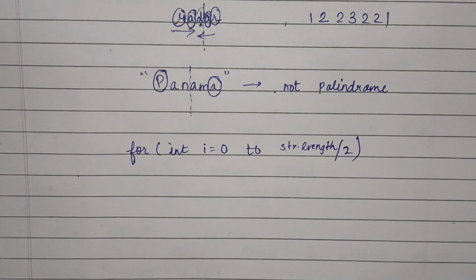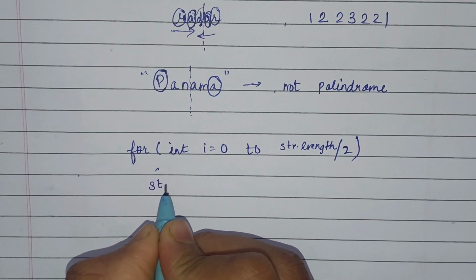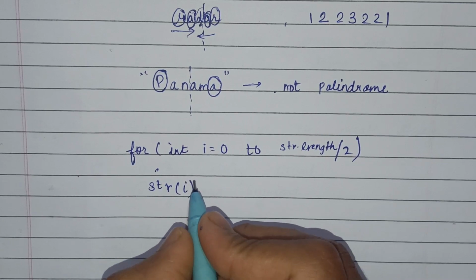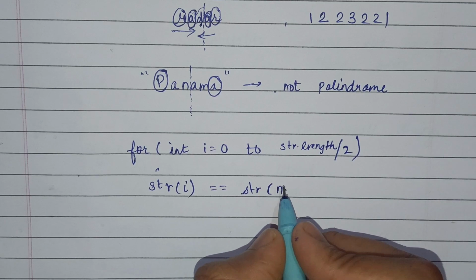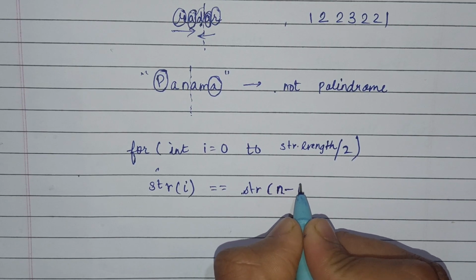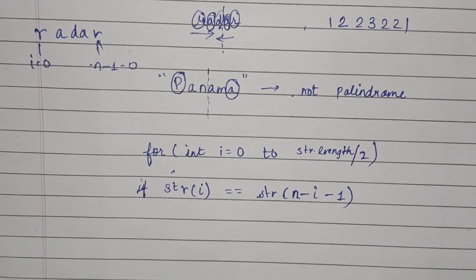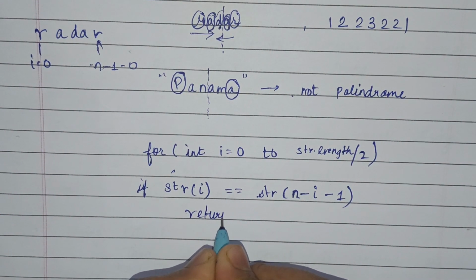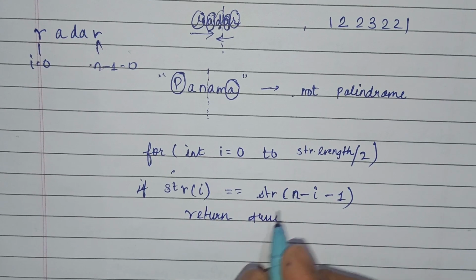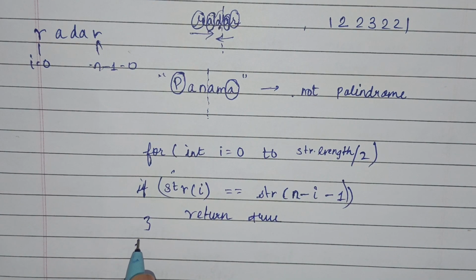Then we will compare string of i with string of n minus i minus 1. If they are equal, then we return true, and otherwise return false.